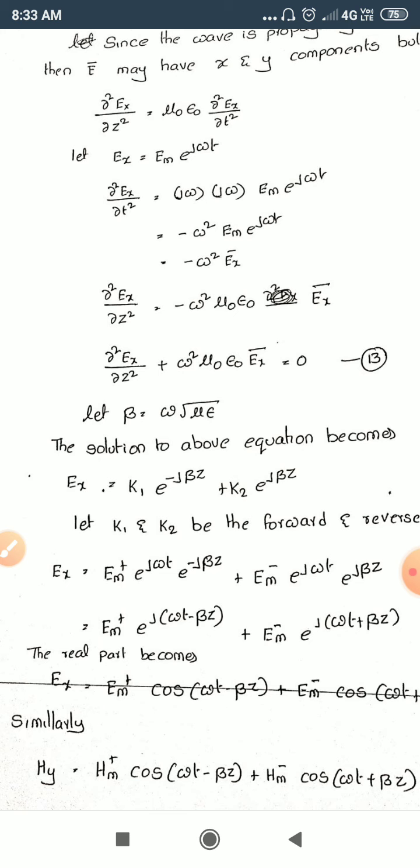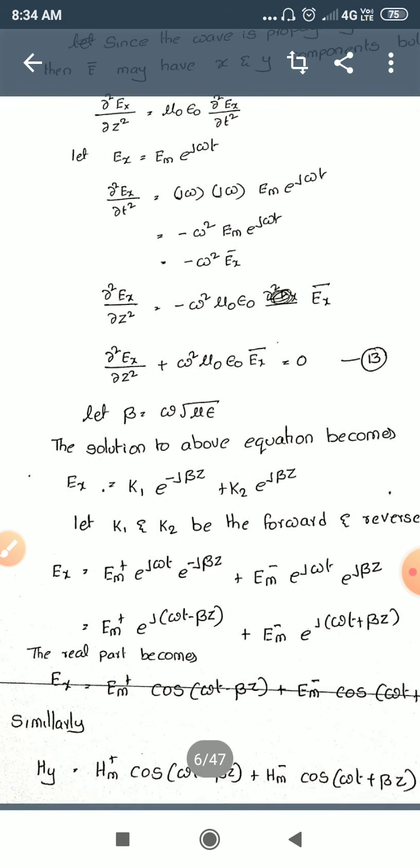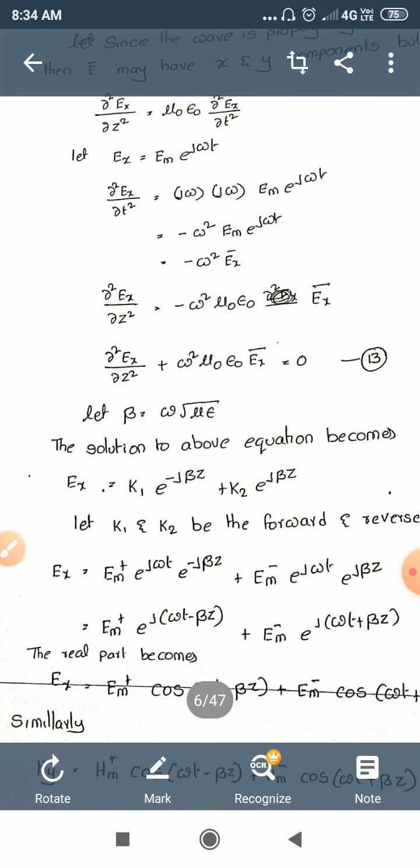Now, what is e power j theta? e power j theta we can represent as cos theta plus j sin theta. All of you know how to represent e power j theta in terms of cos and sin.